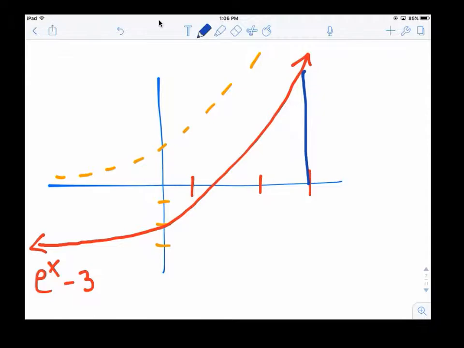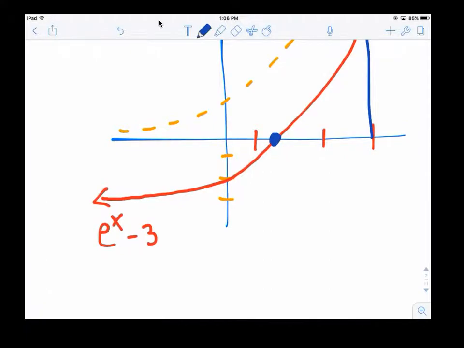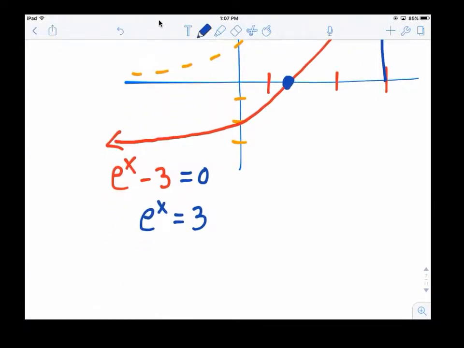So we could figure out what that point is. How would we do that? What's the y value right there? 0, right? So if you set it equal to 0, you get e to the x equals 3. So then x would be the ln of 3.